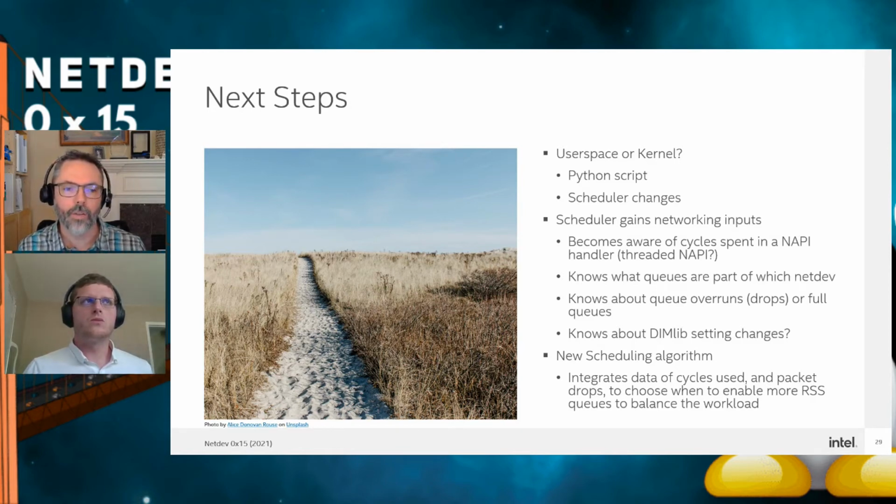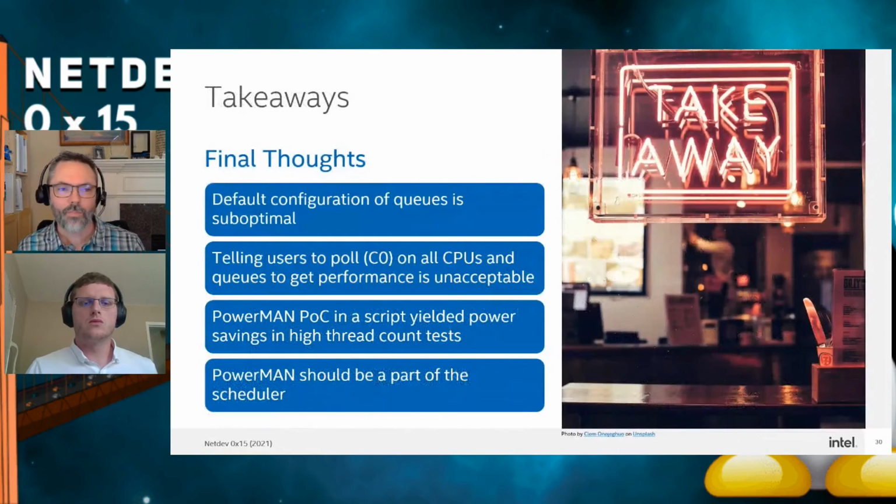So our final thoughts. The default configuration of queues today is suboptimal. Each vendor does it differently. Each NIC, even within vendors, does it differently. Telling users to pull their machine in C0 and burn hundreds of watts of power just to avoid a few dropped packets or get the best latency is really unacceptable.